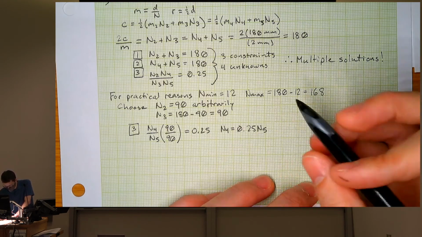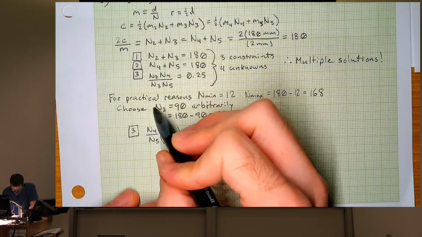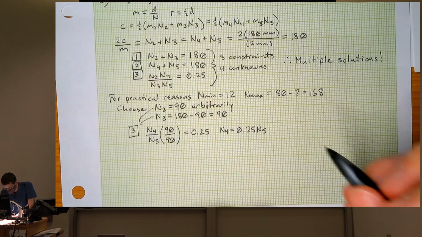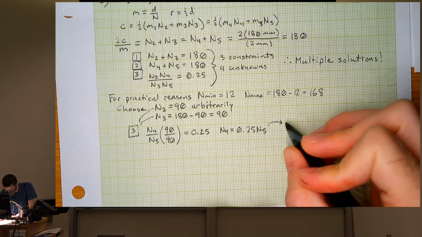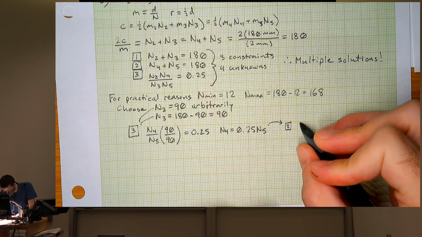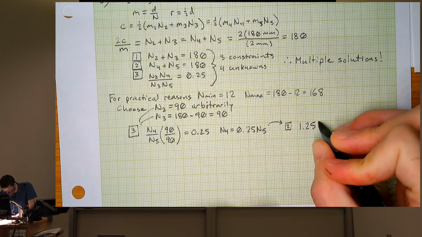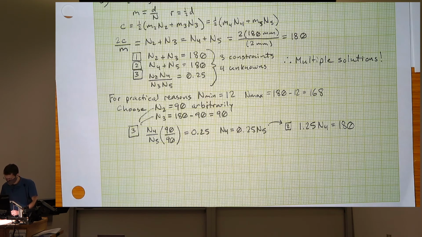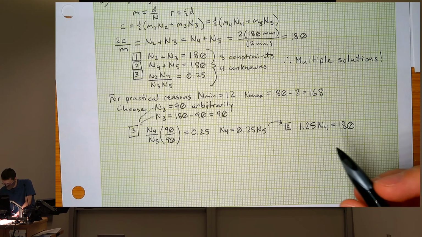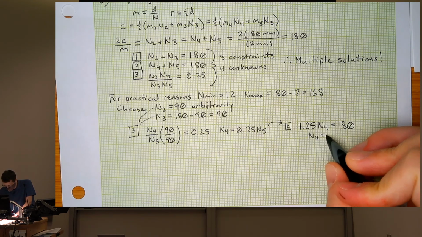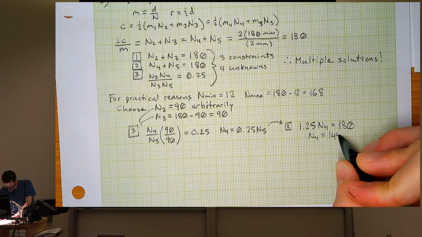We can insert that. So these were both inserted into equation 3. Then we can insert this expression into equation 2. So we have 1.25 times N4 is equal to 180. And if we do the math there, we divide 180 by 1.25, we get N4 is equal to 144.